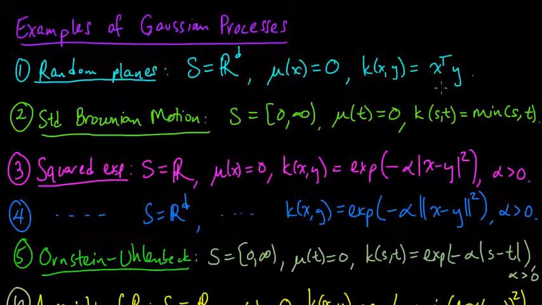If you don't know the term inner product, an inner product is just a generalization of the dot product to a more general form of vector space called a Hilbert space. Now, the dot product in d-dimensional real space is an inner product, and d-dimensional real space is a Hilbert space.